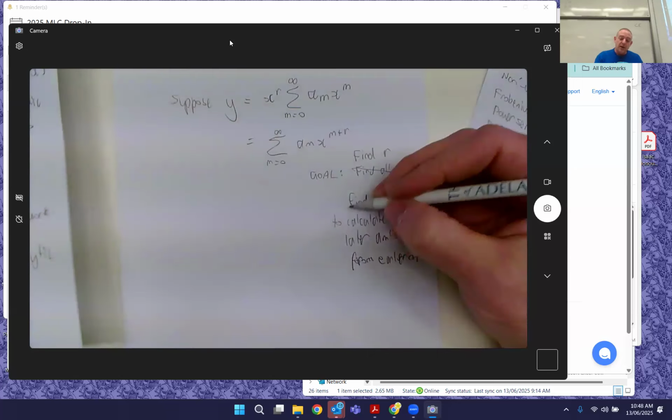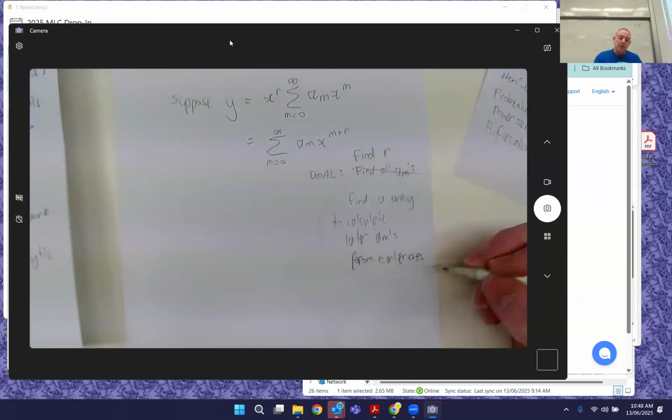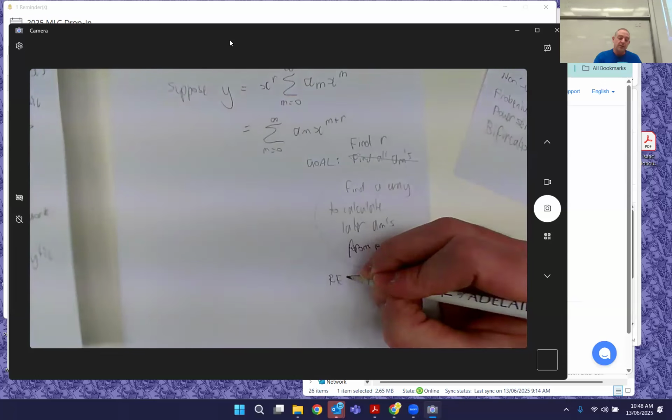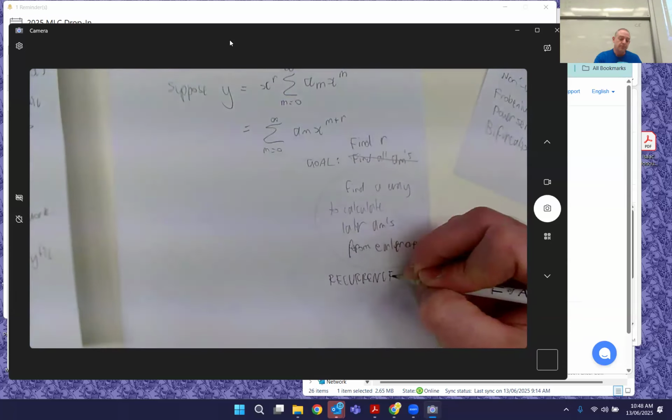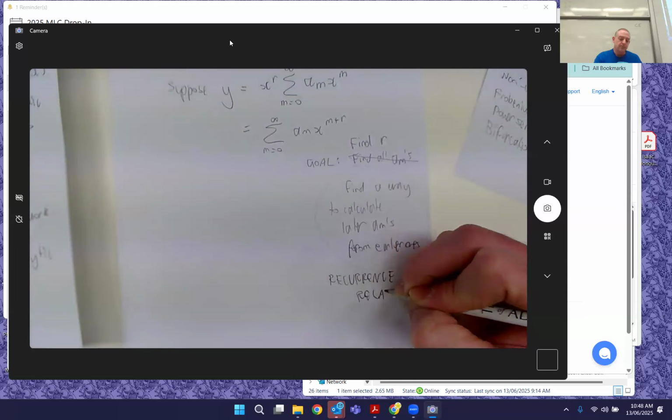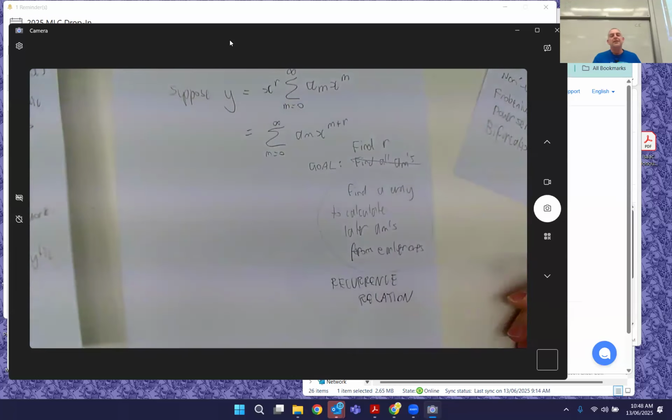And this thing, finding a way to calculate later AMs from earlier ones, is what the recurrence relation is. That's the idea. We have now two goals, find R and find a recurrence relation. If we're lucky, things will turn out nicely.